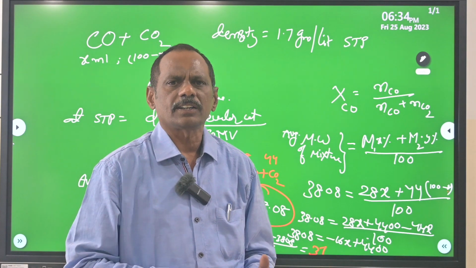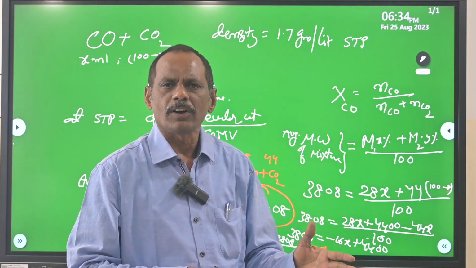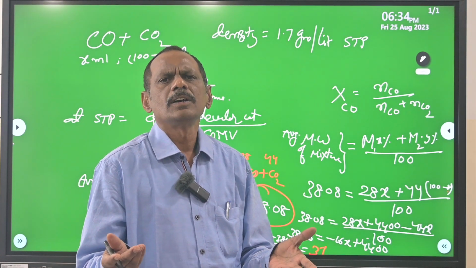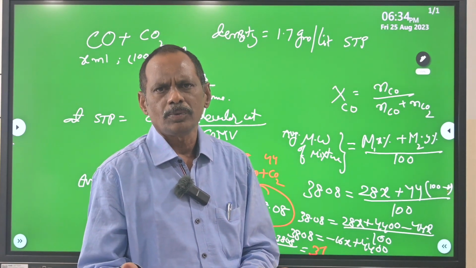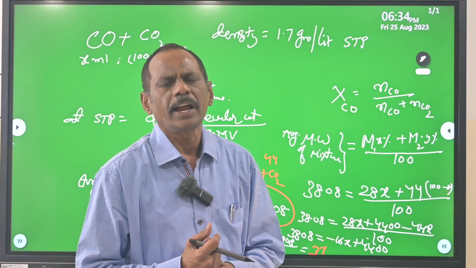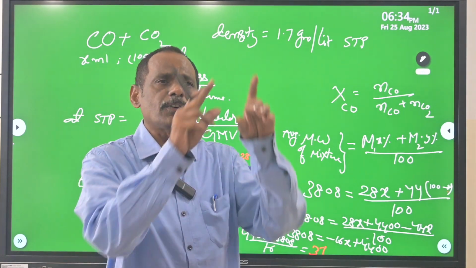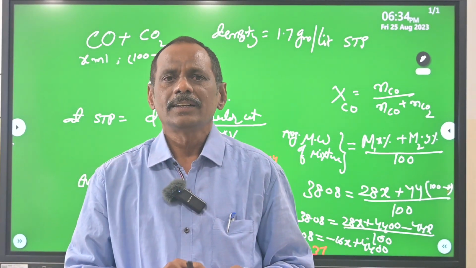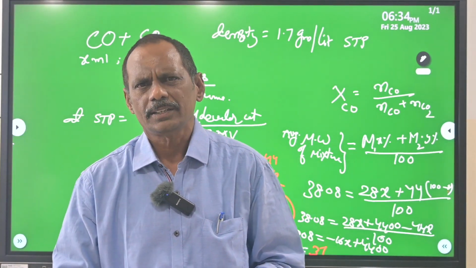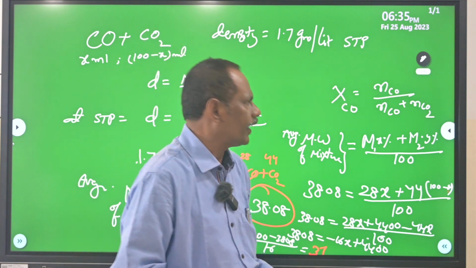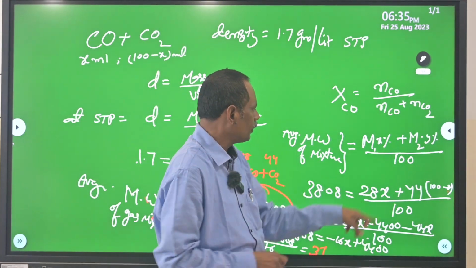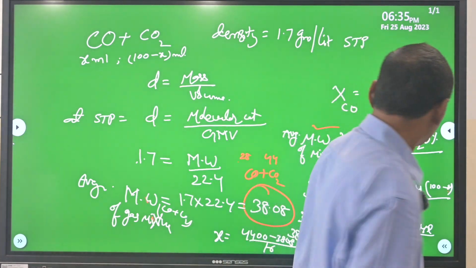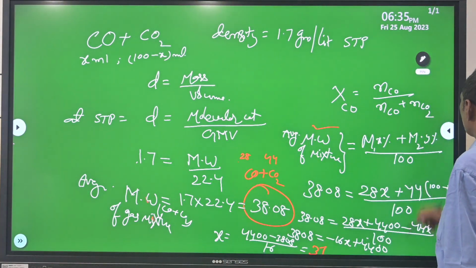Natural oxygen contains nearly 99% of oxygen-16 isotope, 0.34% of oxygen-17 isotope, and the remaining oxygen-18 isotope. Therefore, if you calculate the average atomic weight of oxygen, it gives 16 point something like that. So the average weight of isotopes can also be calculated by using the same formula. That's all. Okay, coming to the next one.